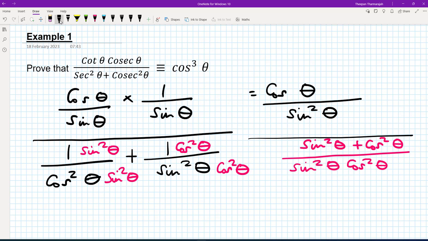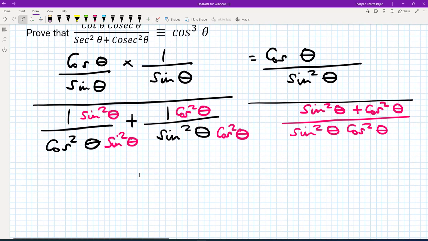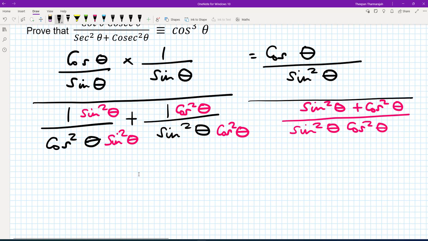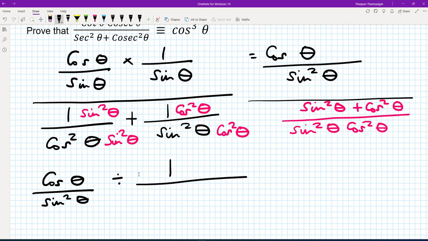So we could rewrite this as follows. We could write it as cos theta over sine squared theta, and I'm going to write a normal divide sign here, sine squared theta plus cos squared theta is 1, over sine squared theta cos squared theta.